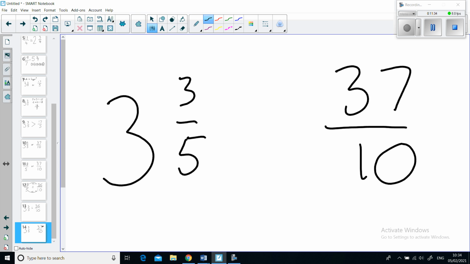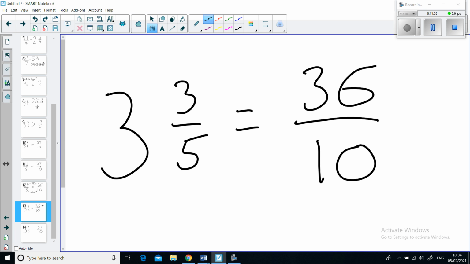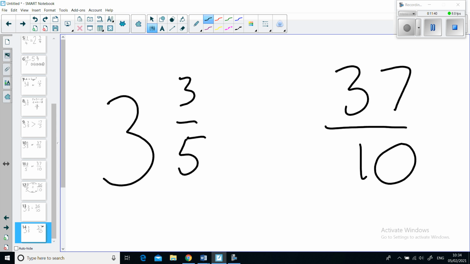So which one is bigger? Is it 3 and 3/5, which is 36/10, or is it 37/10? Okay, of course, 37/10 is bigger than 36/10. Okay, so hopefully that makes sense. If it doesn't, don't worry, run through the video again, go through it step by step. Okay, it's going to be the same thing you do for each question.